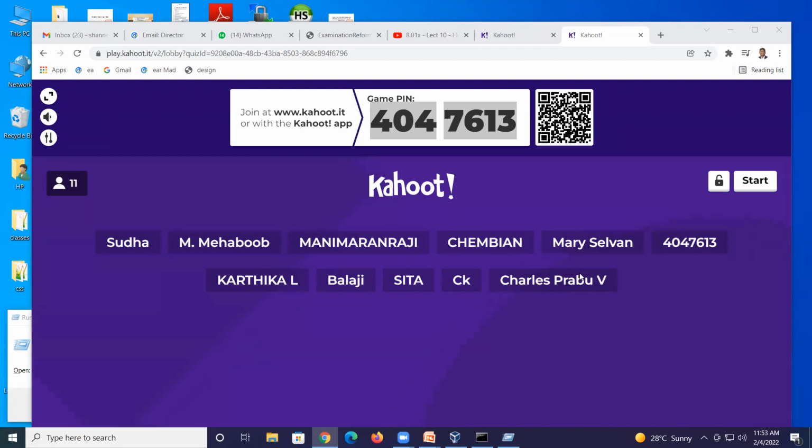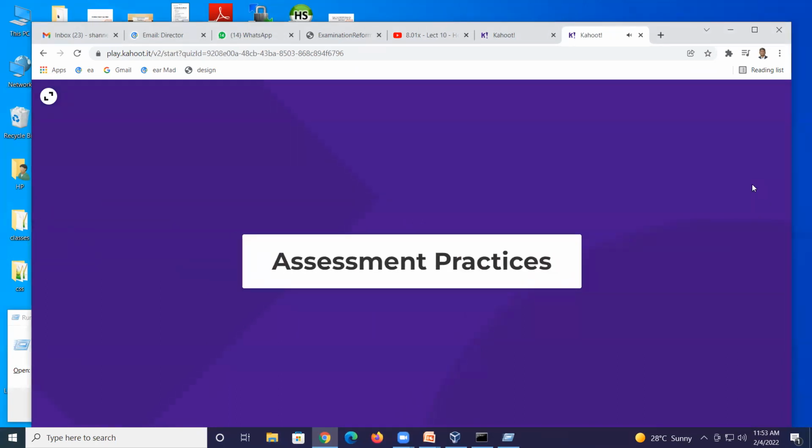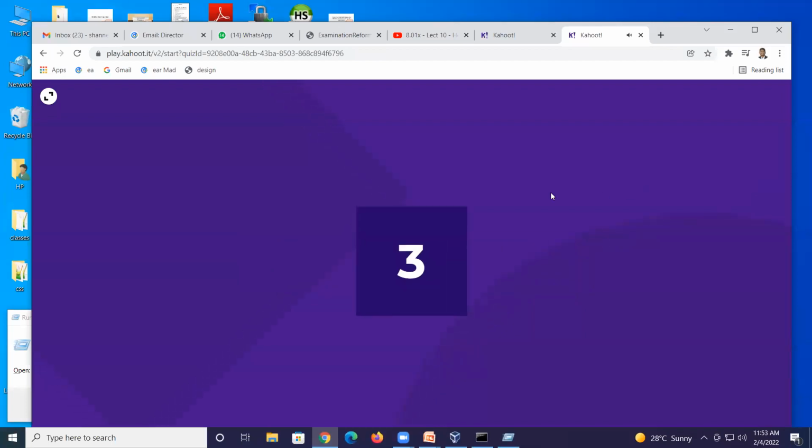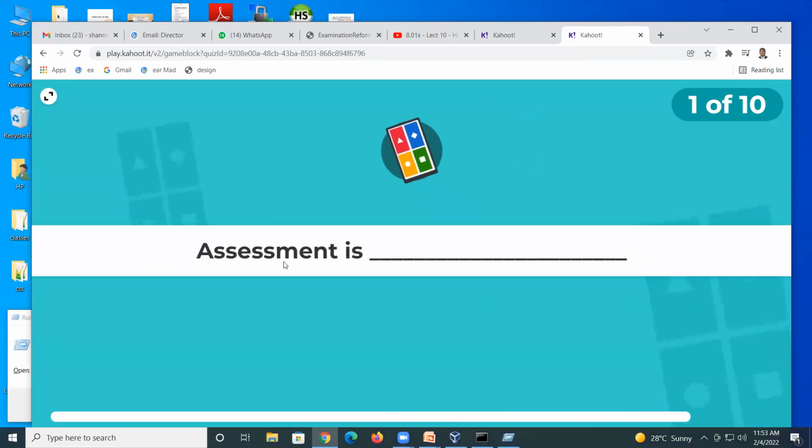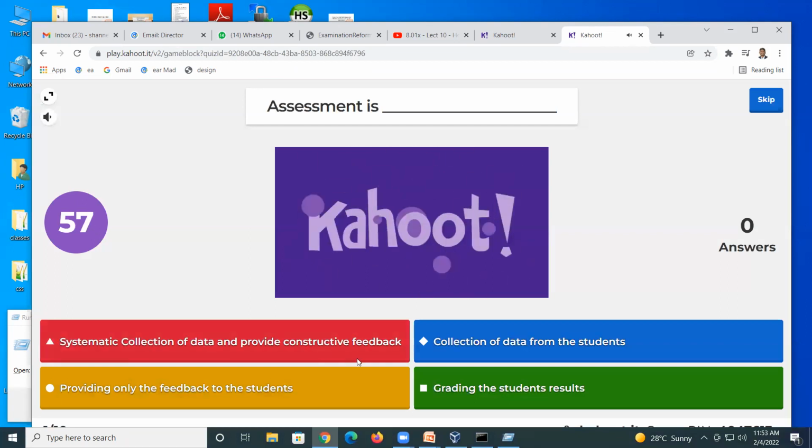Okay, it's an activity. Fine. You try to join. I will start that activity. What you have to understand is, there is a question and 4 options. You can see the options here and answer. The question is: assessment is? The options are: systematic collection of data and providing constructive feedback; collection of data from the students; grading the results; providing only feedback to the students.